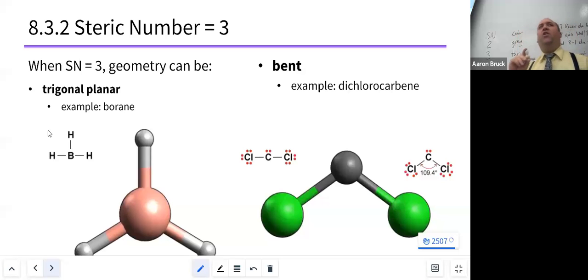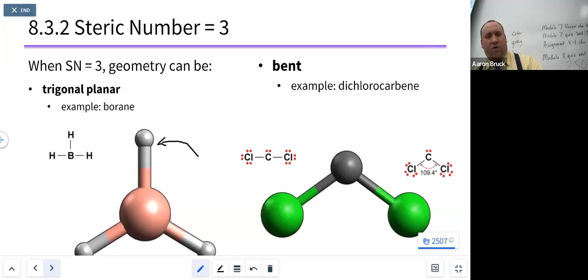And so trigonal geometry, in this case, trigonal planar, because not only is it triangular in shape, it's also 2-dimensional. This can come in a couple of different forms. What's common to both forms is that the bond angle here starts at 120 degrees.